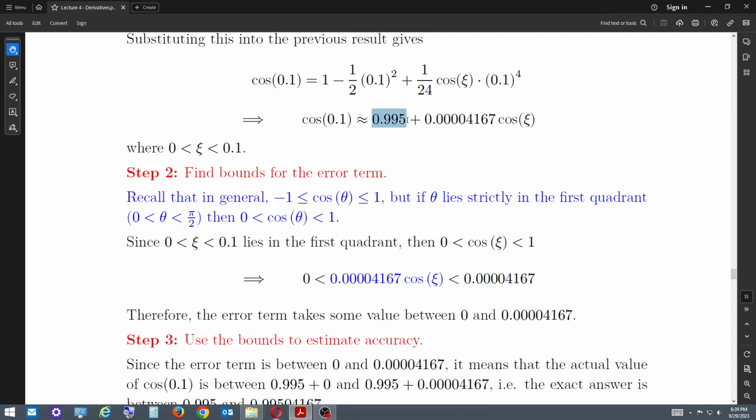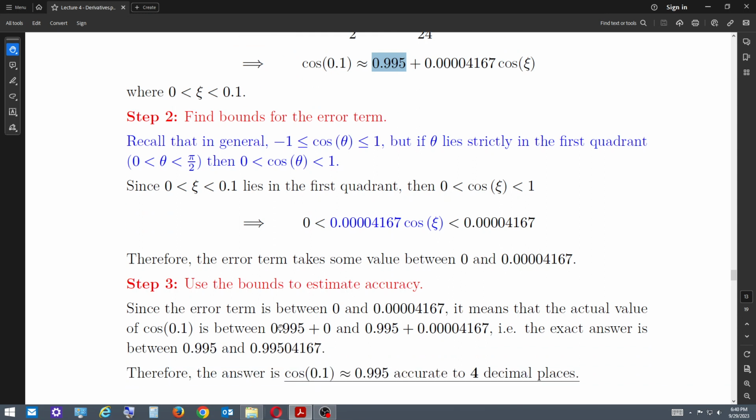Now the easiest way to do that is to take this number and add both of your bounds to that number. So you take this number and add the lower bound, so you'll get 0.995, and then you take the number and add the upper bound, which is this, and you get 0.9950104167. Now you compare these two numbers to see what kind of range of values you could get for the actual answer.